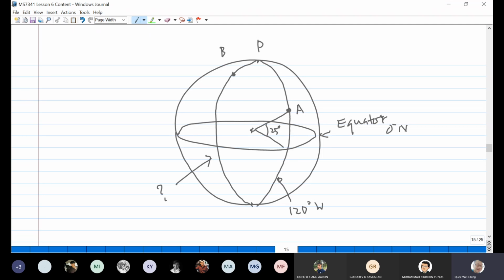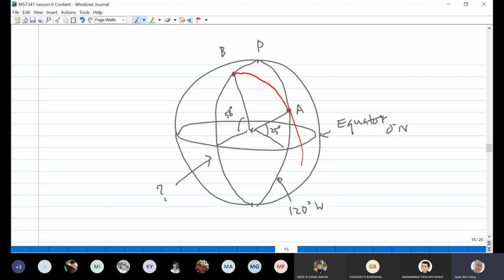At the center of the earth, this angle is 58 degrees. So the great circle distance from A to B is this circle here.